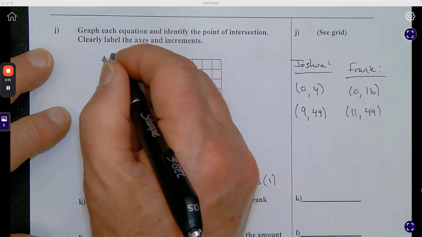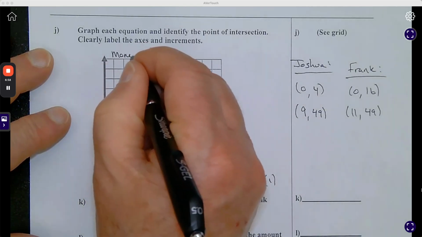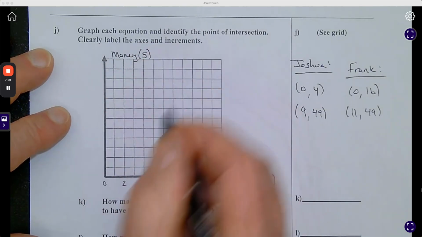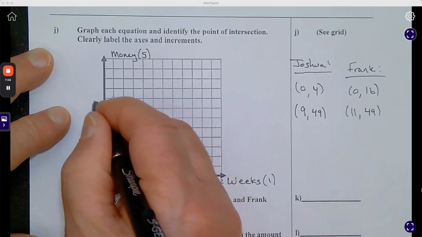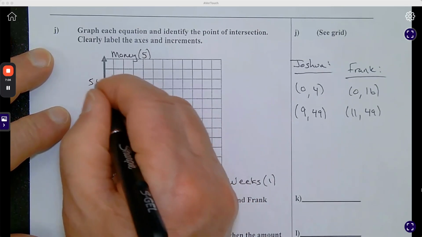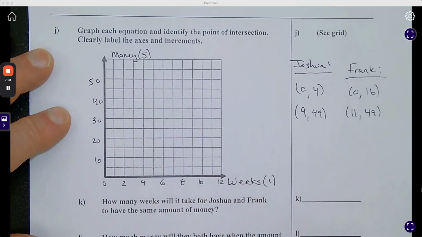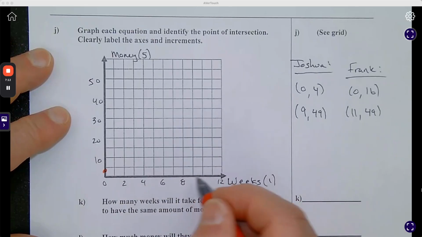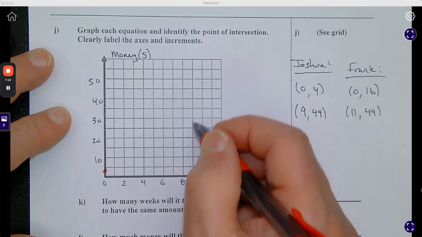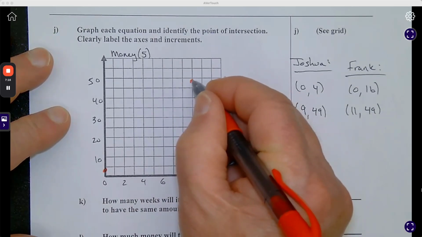So this is money. Do increments of 5. So 5, 10, 15, 20, 25, 30, 35, 40, 45, 50. Joshua's (0, 4) is right there. And (9, 49) is right there.